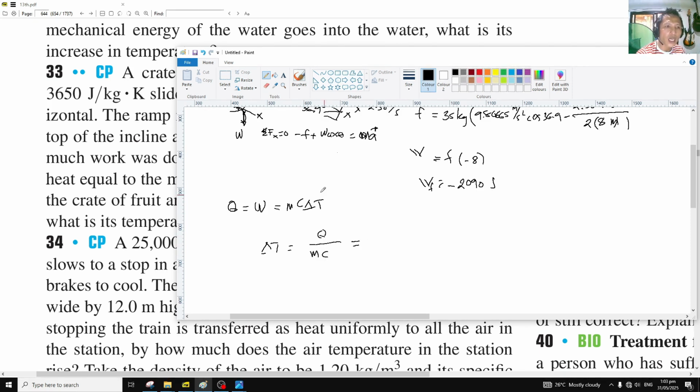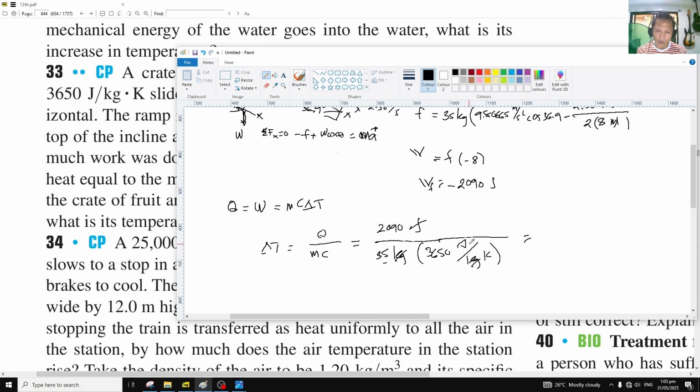So substitute Q, positive now, 2090 joule, and then you have your M, which is 35 kilogram, and your C, which is 3,650 joule per kilogram Kelvin. So you would have Kelvin as the unit for this.